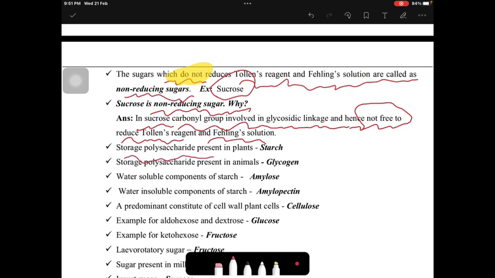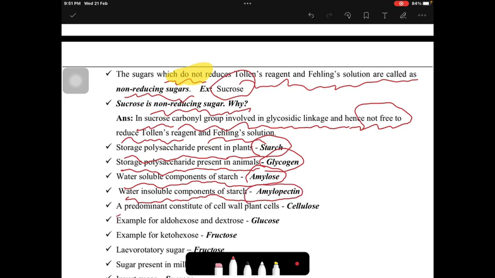Storage polysaccharide present in plants is starch. Storage polysaccharide in animals is glycogen. Water soluble component of starch is amylose. Water insoluble component of starch is amylopectin. The predominant constituent of the plant cell wall is cellulose.